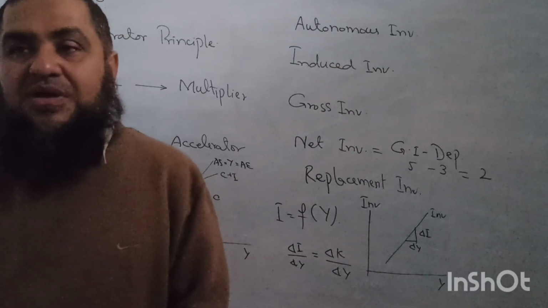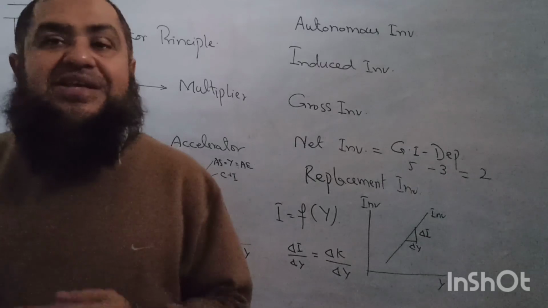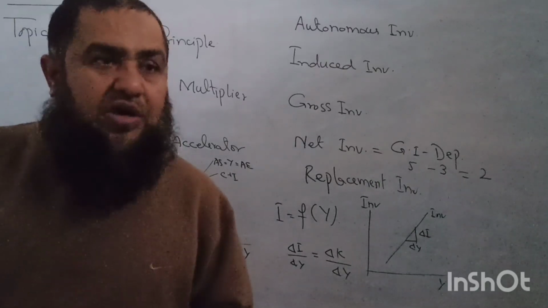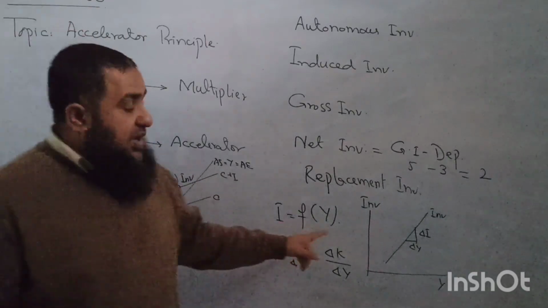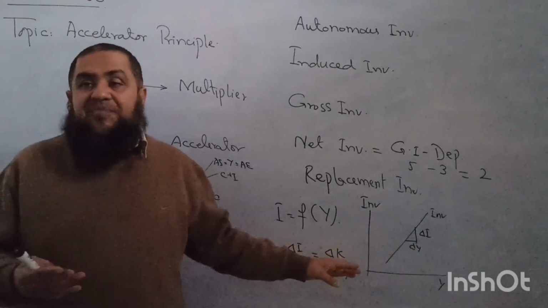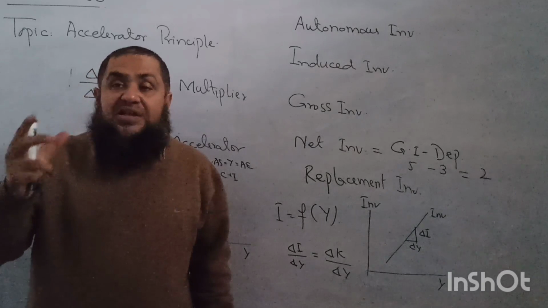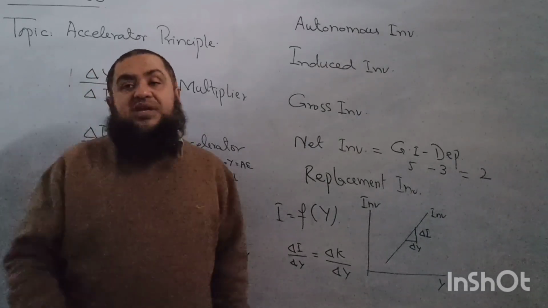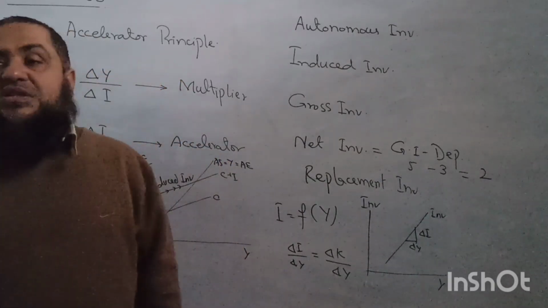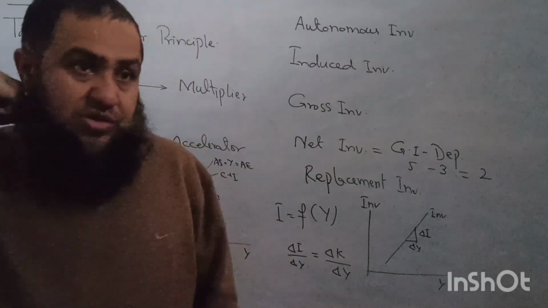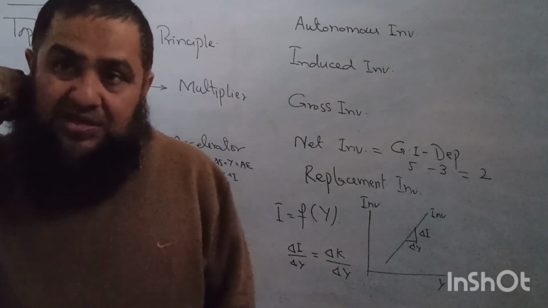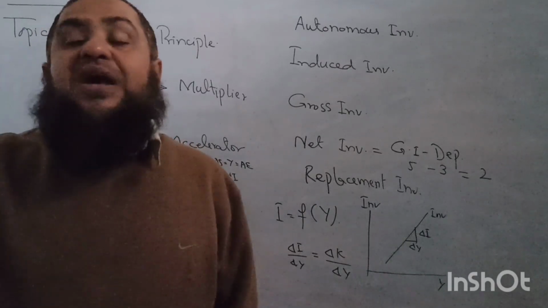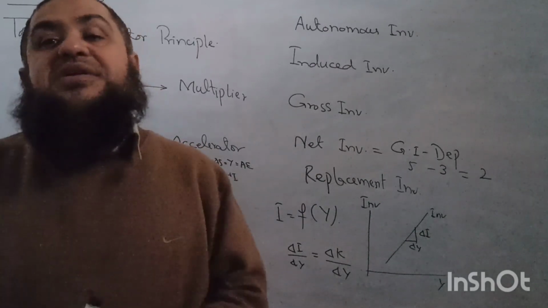Follow my point or not? When producers are increasing the capital goods in the economy due to an increase in national income, and this capital output ratio is increasing, it means the accelerator principle is working in the economy. Like, national income has increased by 2 million and investment has increased by 3 million, so it means 1.5 is the accelerator in the economy.